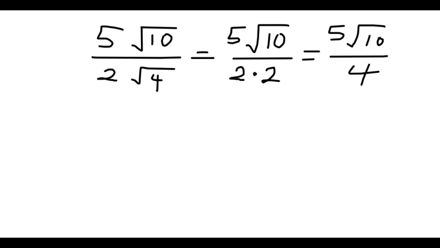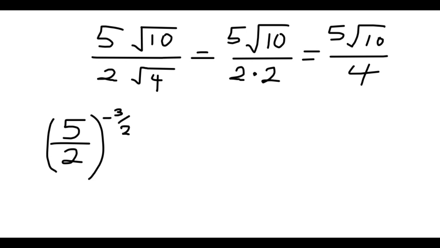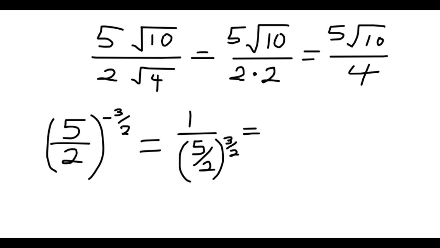What we need to do from here is to substitute that back into our previous expression, which is (5/2) to the power negative 3/2, equal to 1 over (5/2) to the power 3/2, which is equal to 1 over 5 square root of 10 over 4.